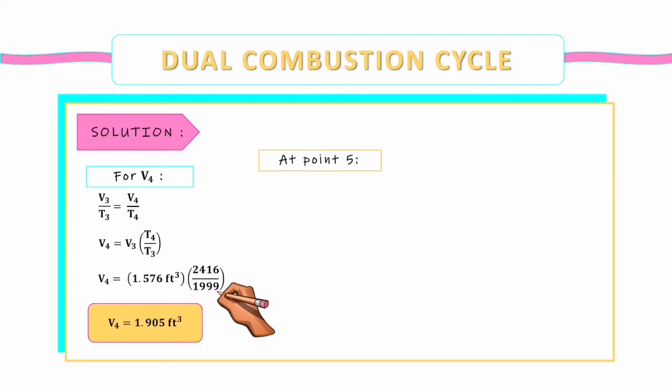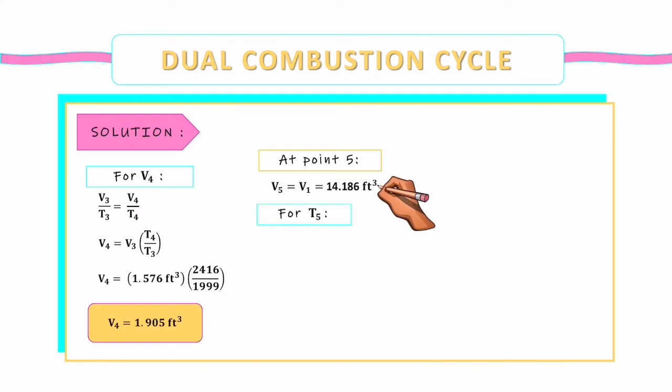Next is at point 5. Process 5 to 1 is isometric. So, V5 is equal to V1, which is 14.186 cubic feet. Solving for the temperature at point 5, we can use the equation T4 over T5 equals V5 over V4 raised to K minus 1.